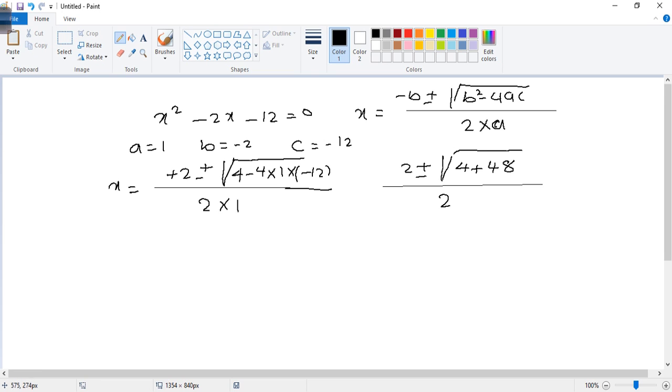Then x equals 2 plus minus square root of 52 divided by 2.